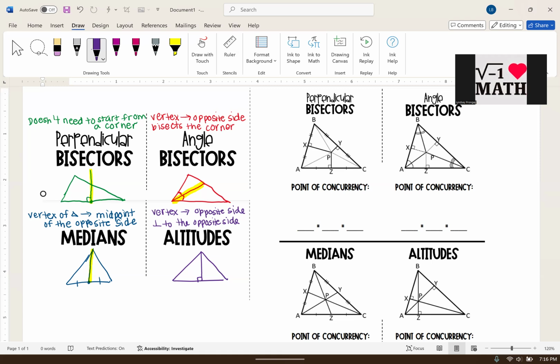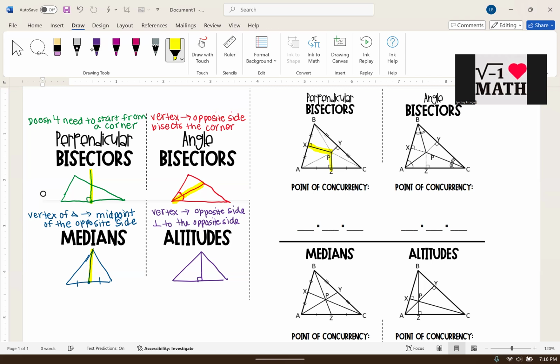We're going to start with perpendicular bisectors again. First of all, I'm going to highlight in yellow where all those perpendicular bisectors are. Perpendicular bisectors cut the side in half and form that right angle. So we have XP is a perpendicular bisector.